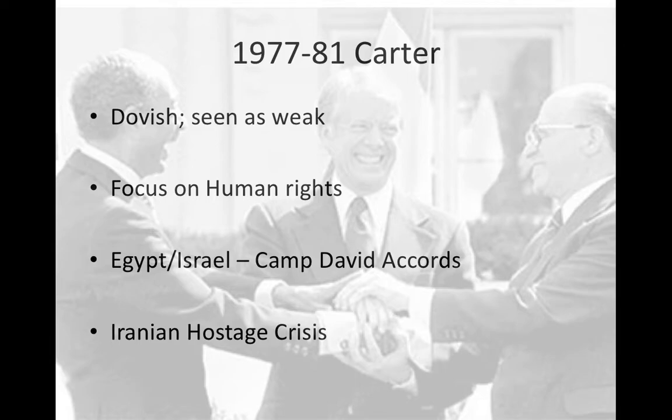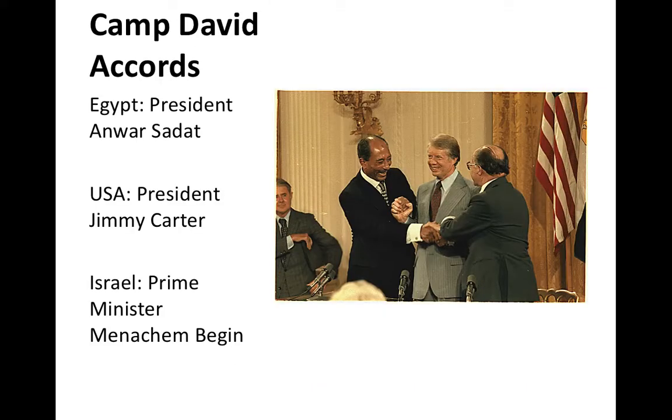That achievement was overshadowed a little bit by the Iranian hostage crisis. There's another picture of them celebrating. By the way, Anwar Sadat was assassinated not long after that agreement because of somebody who was so upset by it. The Iranian hostage crisis is one of the low points in American history.